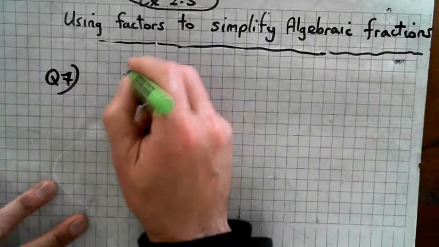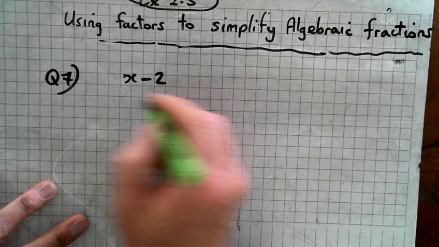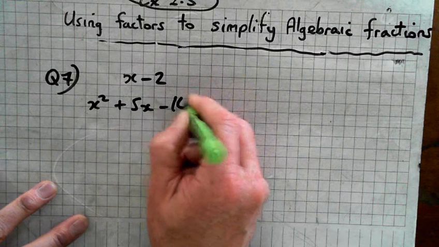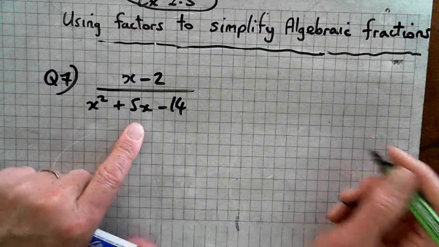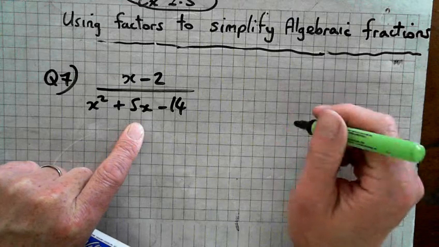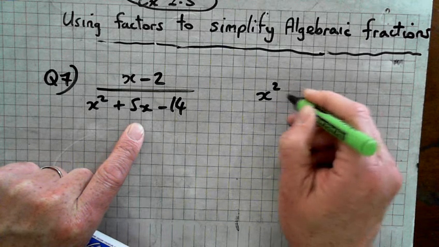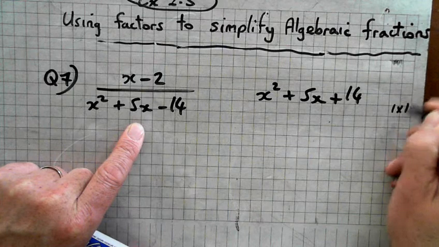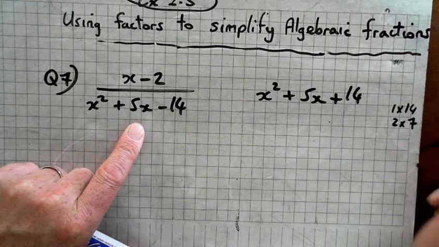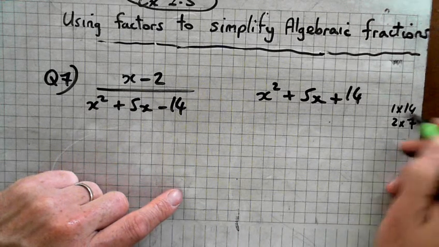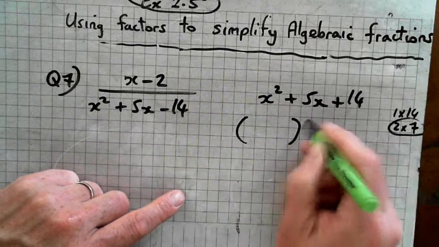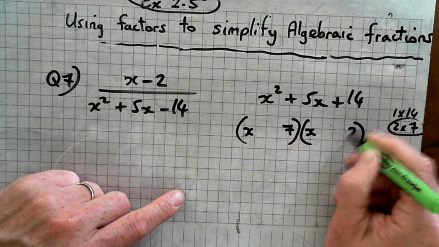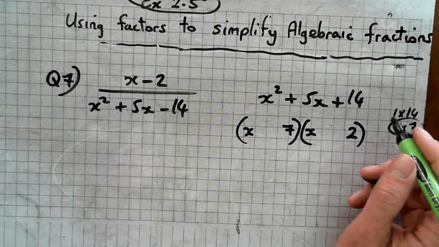Question 7. x minus 2 over x squared plus 5x minus 14. So we take this and factorize it. Factors of 14: 1 by 14, 2 times 7. Which pair adds up to 5? 2 by 7. So x, 7 and 2.